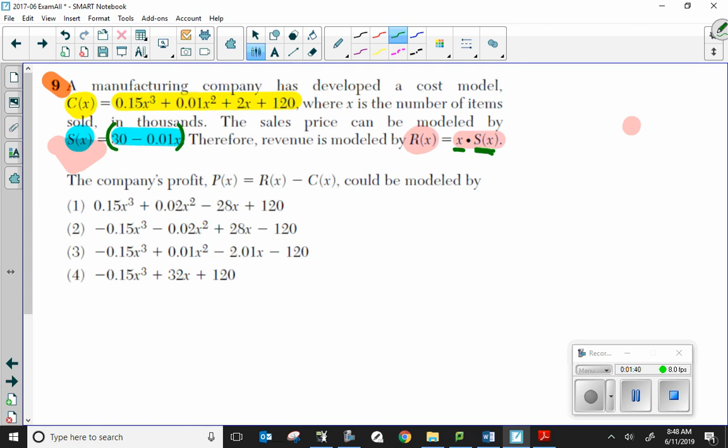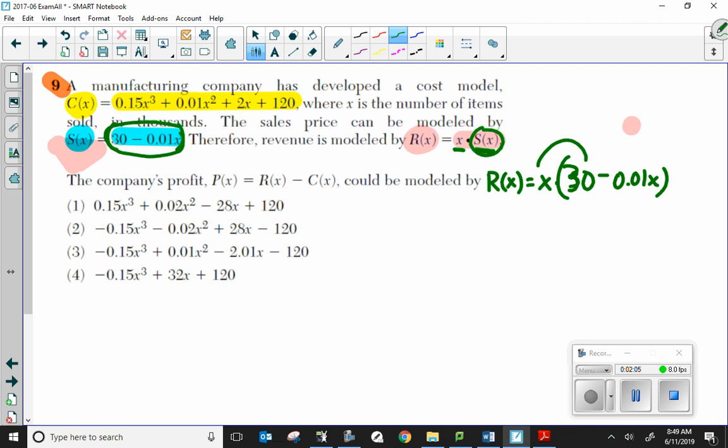Why don't we figure out what that is right now, just to get it out of the way? So R of X equals X times whatever S of X is. This is S of X, that is 30 minus 0.01x.